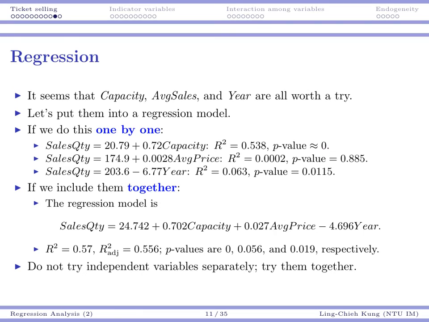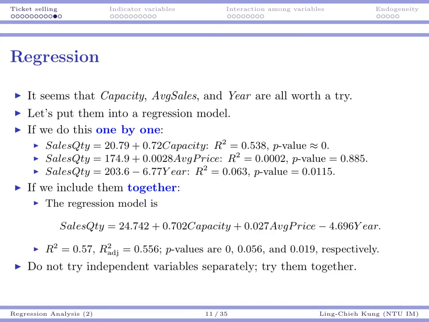The second one and the third one are not so good, right? Even though the third one has a significant p-value. So I know year is reasonable, year should be used, but its R-square is so small. So if you do this, you can get some ideas about these variables, but that's not very useful.